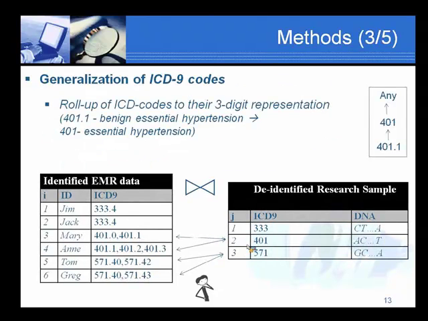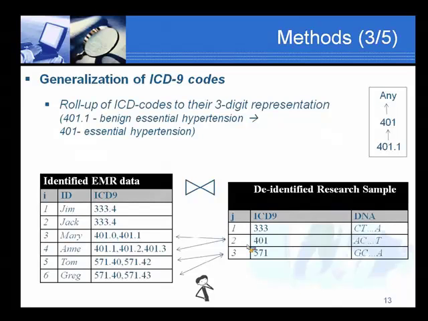For generalization, we simply roll up ICD codes to their 3-digit representation. For example, instead of releasing the code 401.1 for benign essential hypertension, we release the code 401, which just means essential hypertension. The intuition is the same.